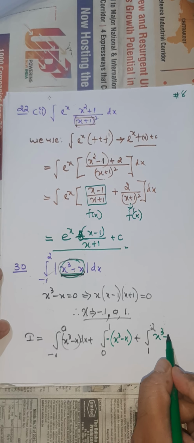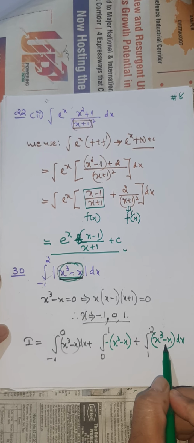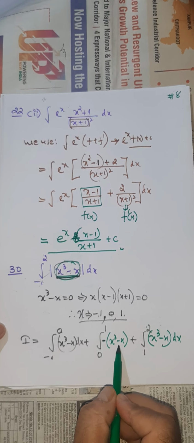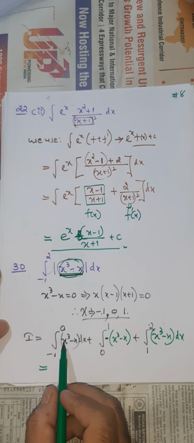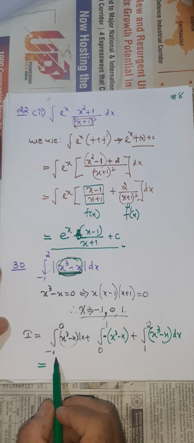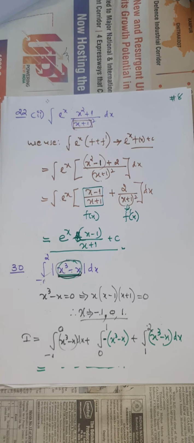So you have x cube minus x. If the inner expression is positive, then it's replaced by itself. If the inner expression is negative, you have a minus sign in front of it. Now as usual, you just integrate. You know the integration here: x raised to 4 by 4, x square by 2, and then just put the limits. Only this part is important, remember here.